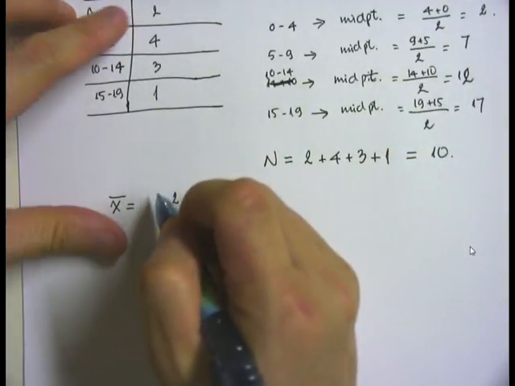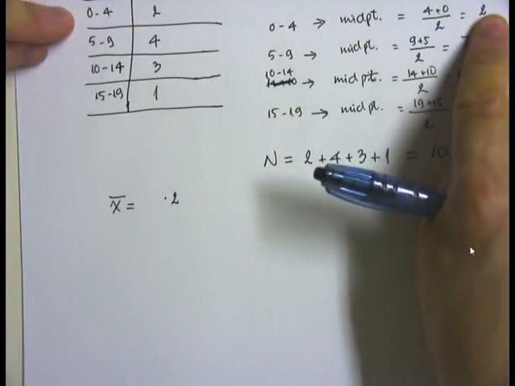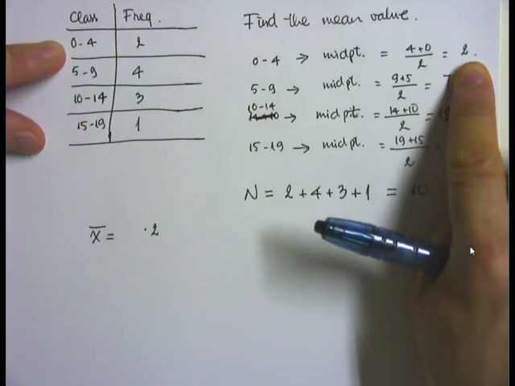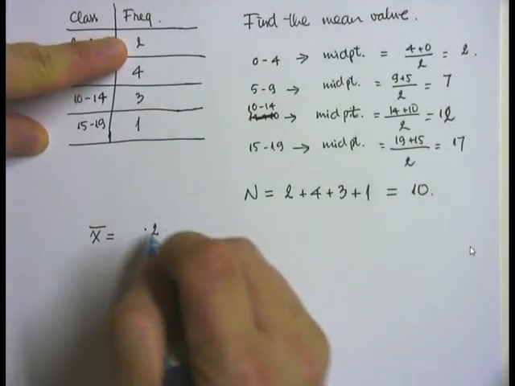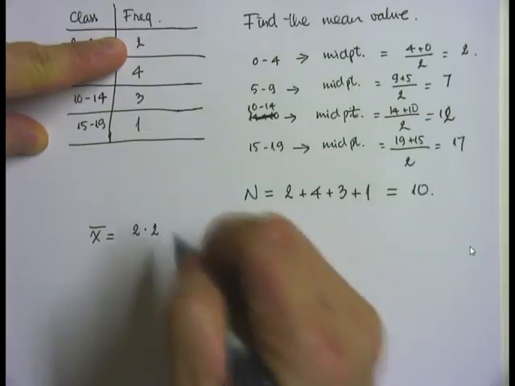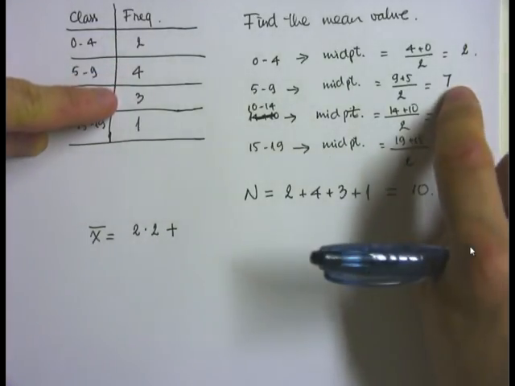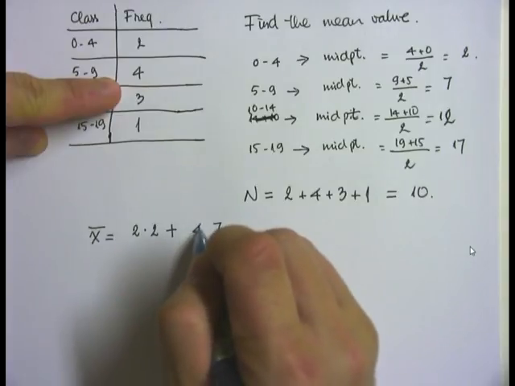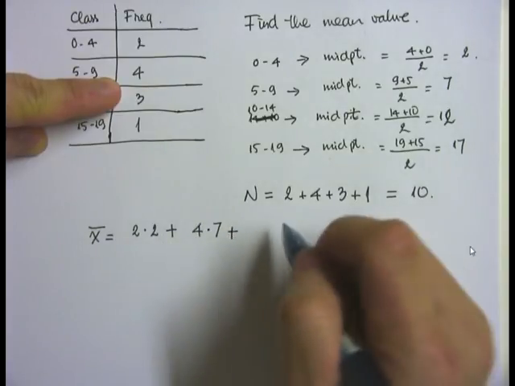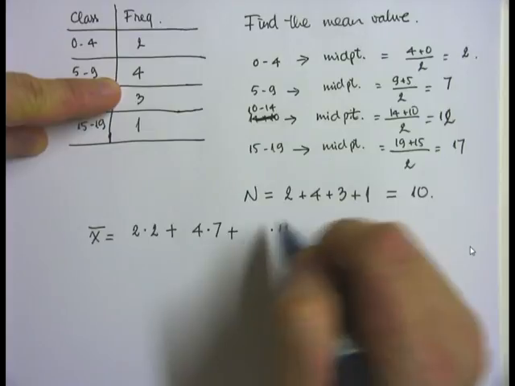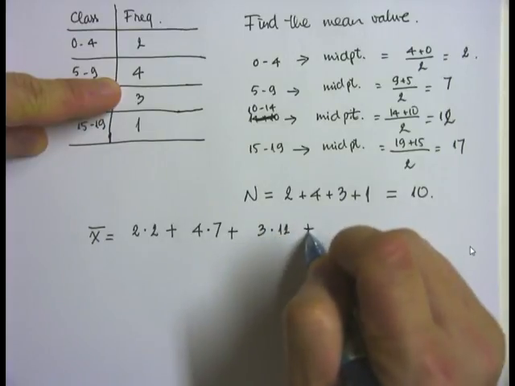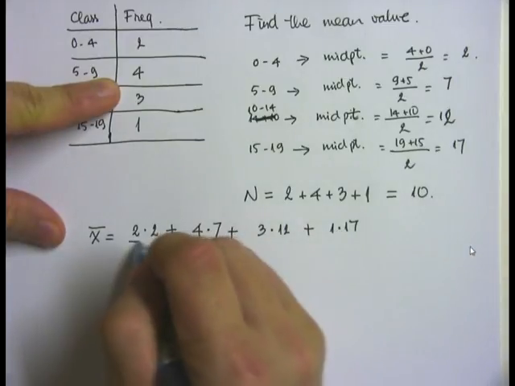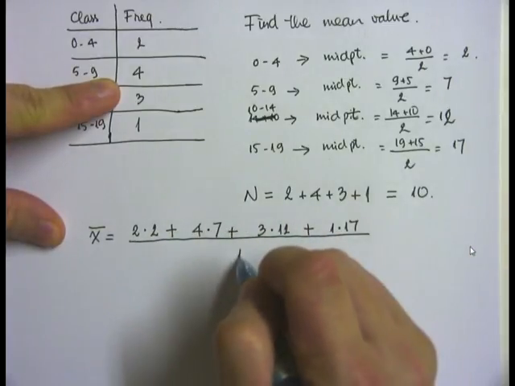So now my mean value is going to be: my first midpoint is 2, and I multiply it by the corresponding frequency, since that first class from 0 to 4 has frequency 2. Then I add 7, my next midpoint, multiplied by its frequency 4, and then add 12 times 3, and add 17 times 1, and here I'm going to divide by the total of 10.